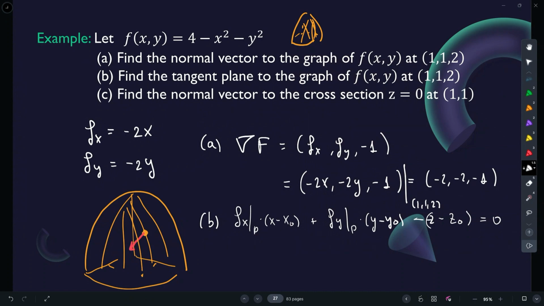Okay? So the tangent plane will be: the derivative is -2, so it's -2 times (x minus the coordinate 1), plus also -2 times (y minus 1), minus (z minus 2).